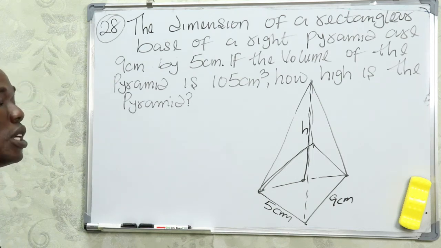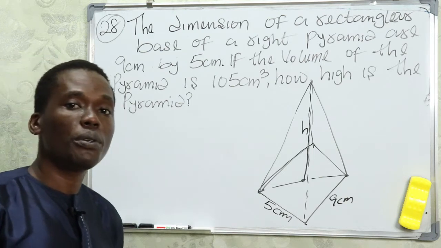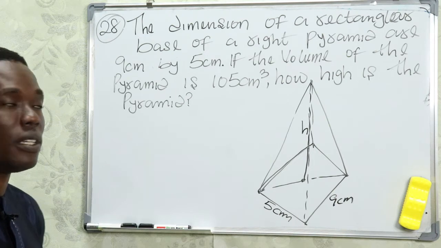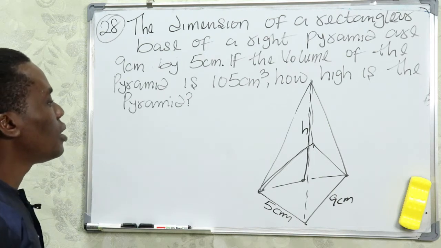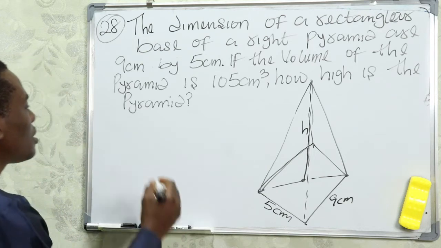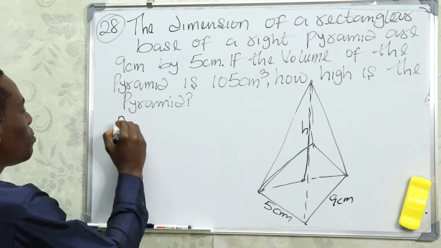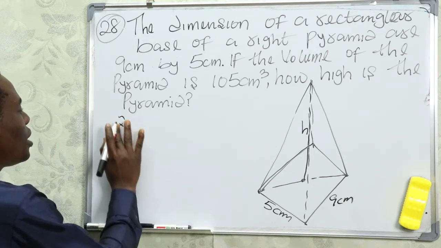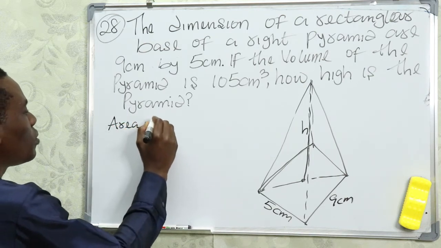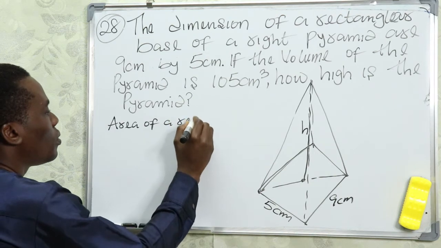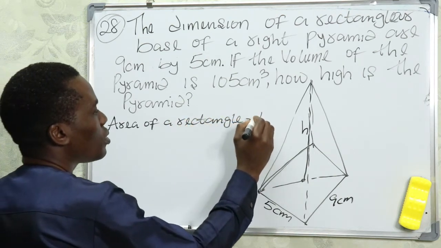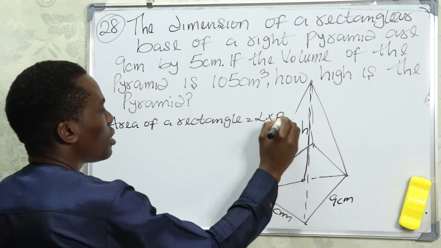Remember, I told you that the volume of a pyramid is equal to 1/3 times the area of the base times the height. We know that this is a rectangular base pyramid, and the area of a rectangle is equal to the length times the breadth.